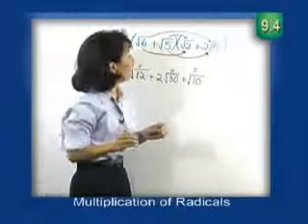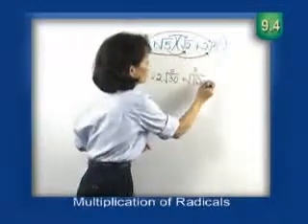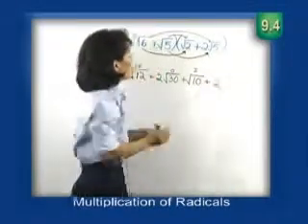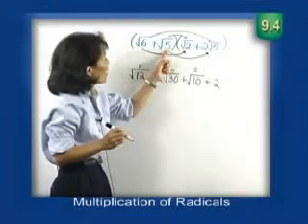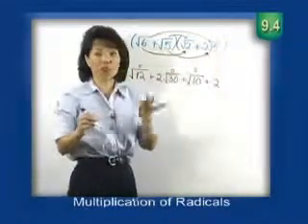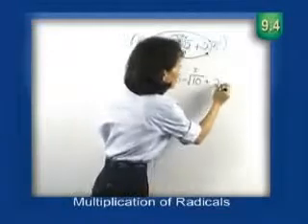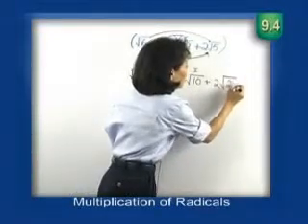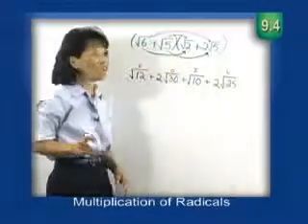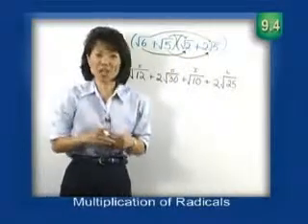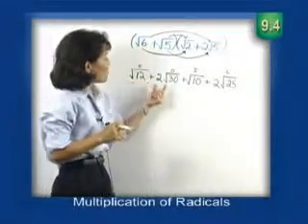Now be very careful. On the outside we have a 2, so we're going to multiply 2. And then we have radicands of 5, which give me a product of 25. That completes my FOIL.